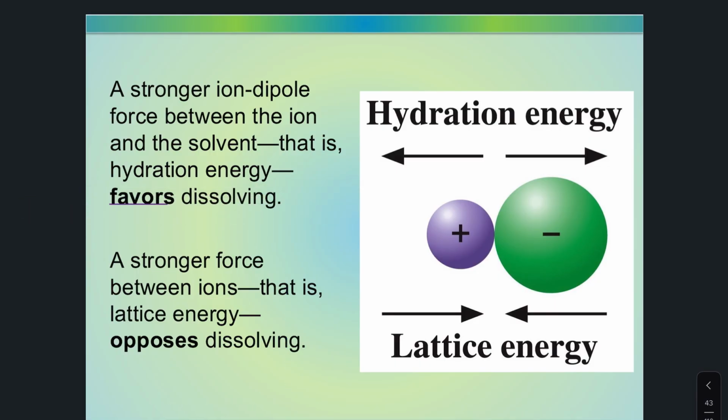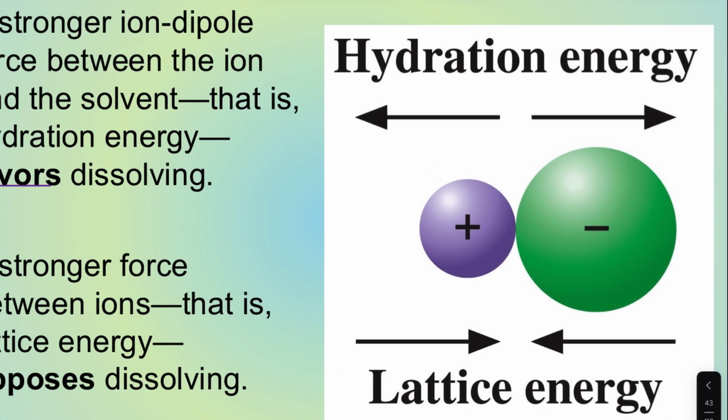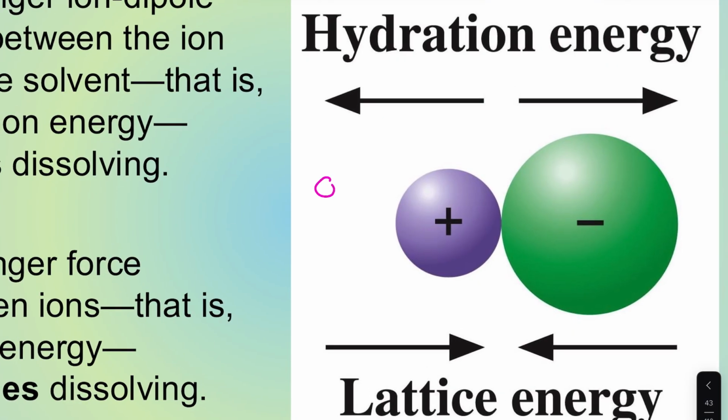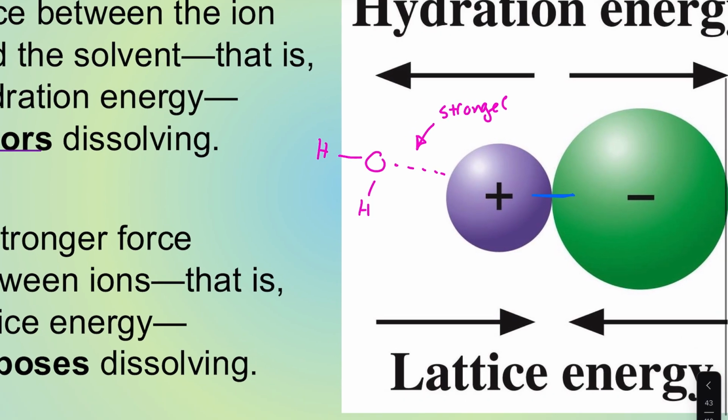Okay, so a stronger ion dipole force between the ion and the solvent. So if we have a solvent here, like H2O, and that is attracted to this ion, and this is stronger than the interaction between these two ions, means that you will have something dissolving.